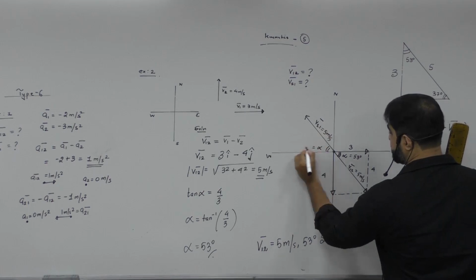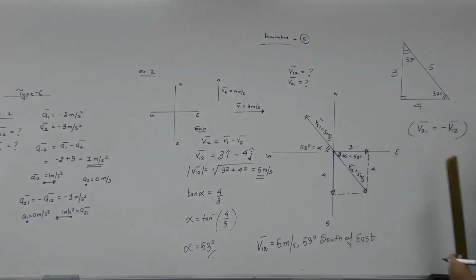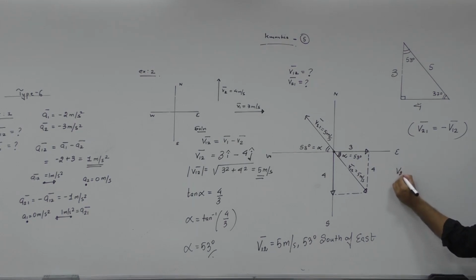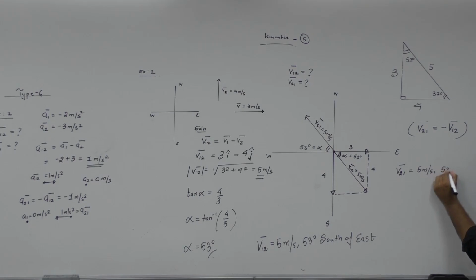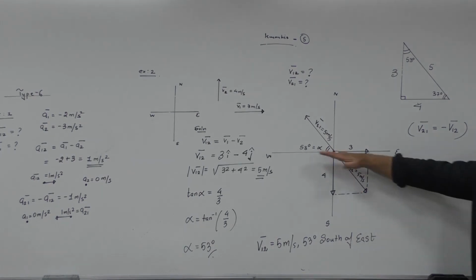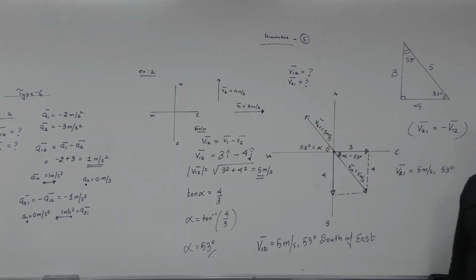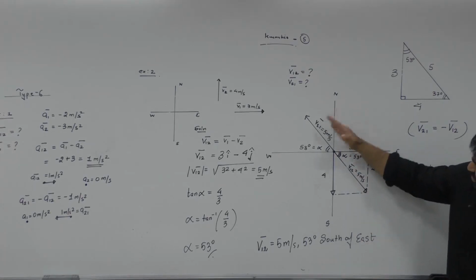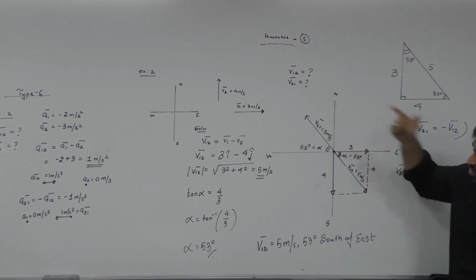And alpha will be how much? 53. Can I say what is V21 bar? Can anyone tell me? V21 bar's magnitude is 5, 53 degrees north of west or 37 degrees west of north.